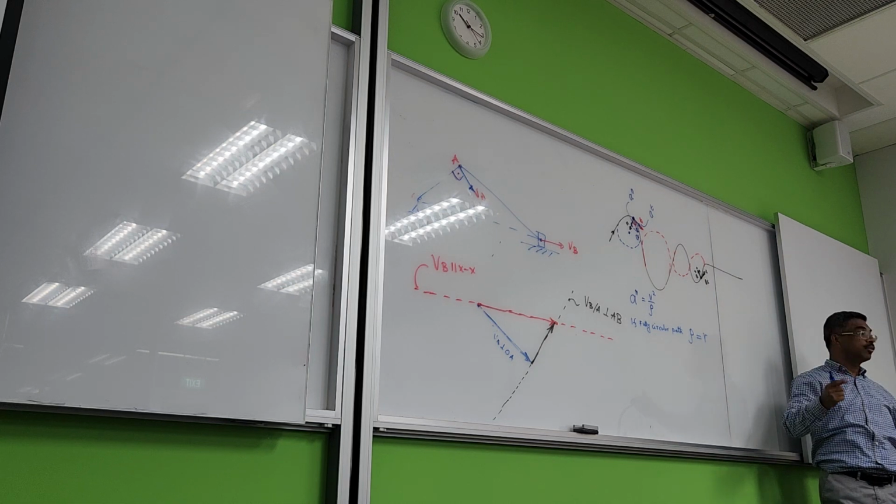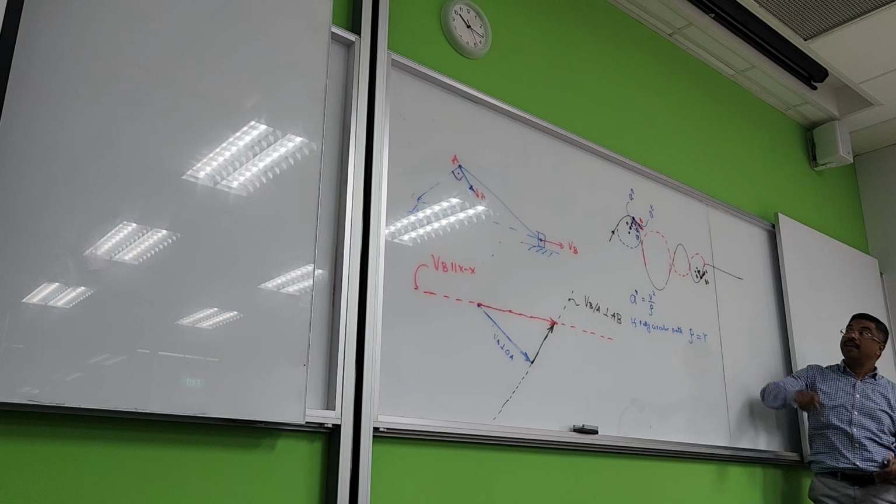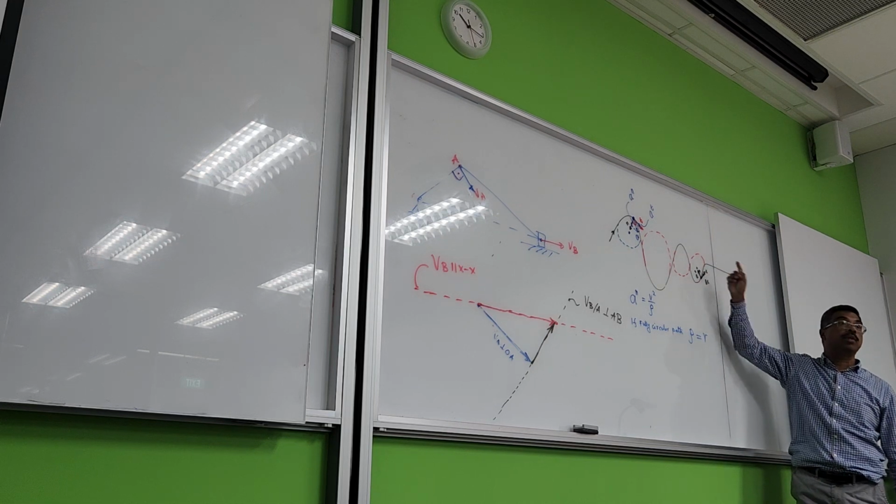There is something else. What is it? I'm writing. Then in that case, you need to know the mathematical equation of the path.